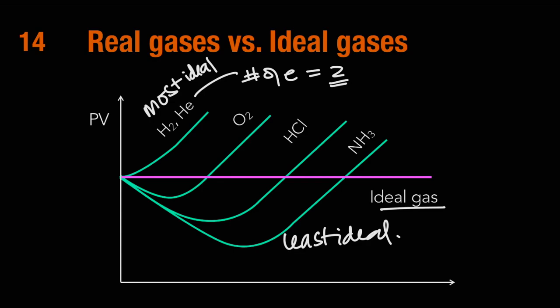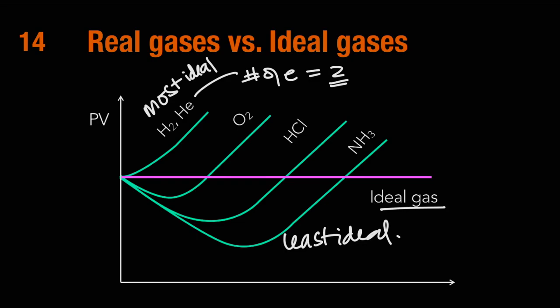Even though hydrogen has only 1 electron and 1 proton, the molecule of hydrogen is larger than the molecule of helium because helium is 1 atom in the molecule. Hydrogen has 2 atoms in the molecule. So between these two, helium is most ideal. Second most ideal, hydrogen. And then the rest are because of intermolecular forces. So that's what you have to know for the exam.